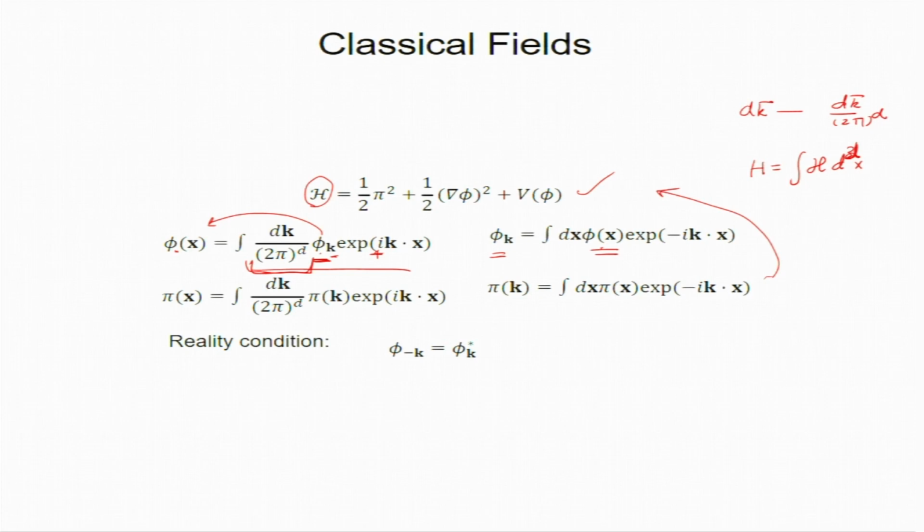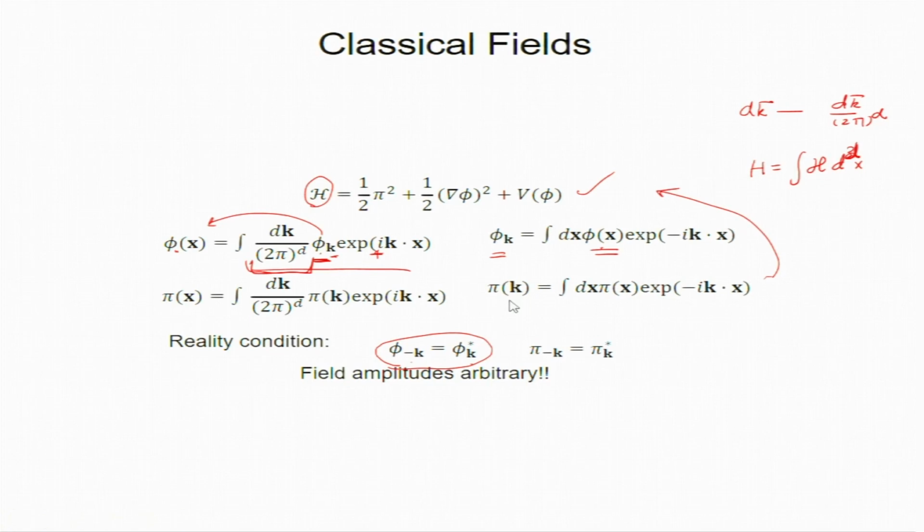Before that, one more thing: phi is a real field, so there is a reality condition. phi of k and phi of minus k are related. I will not derive this; I leave it as homework for you. You can derive that phi k star is phi of minus k. So, k and minus k are not independent, and we will see some reflection of it in quantum fields as well. Same thing for pi k, since pi is a real momentum, it also follows this.